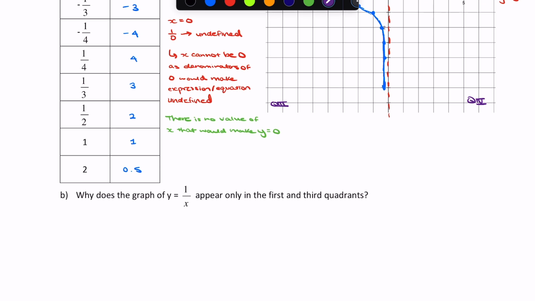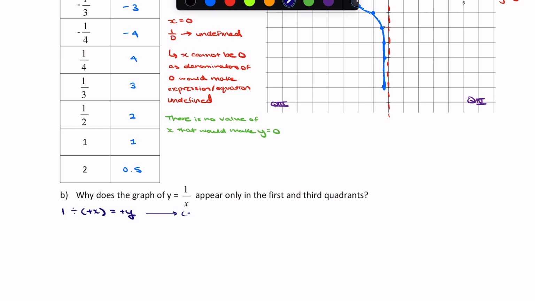Why does it only appear in the first and third quadrants? If we take our function and do 1 divided by a positive x, each time the answer will always give us a positive y value.